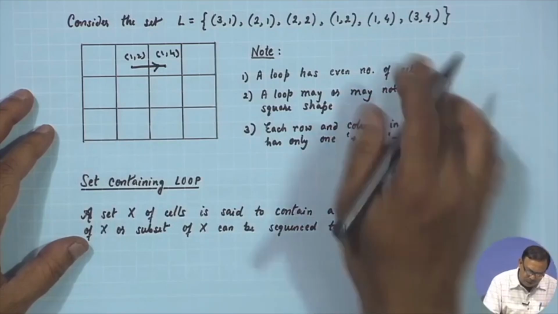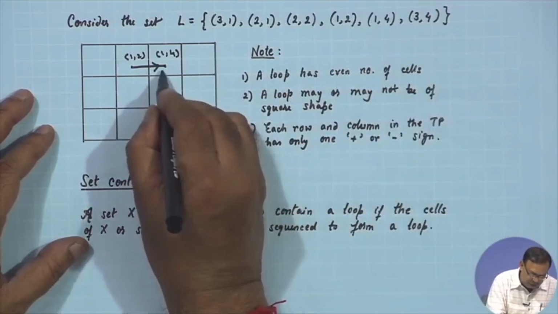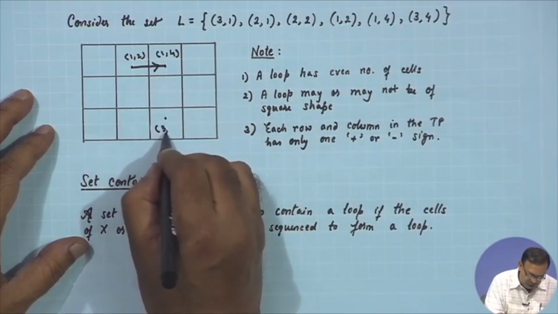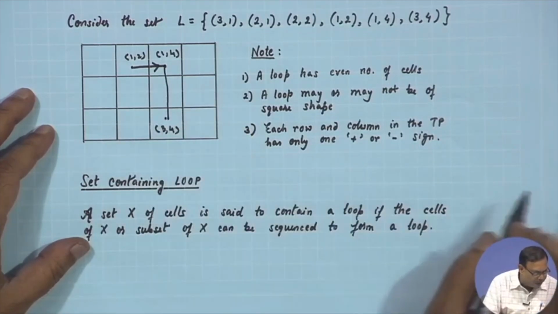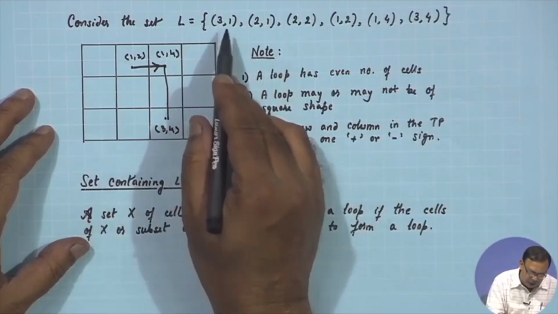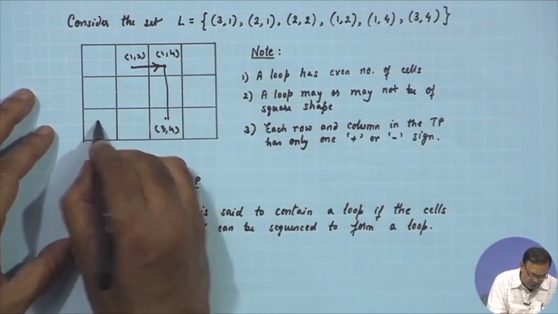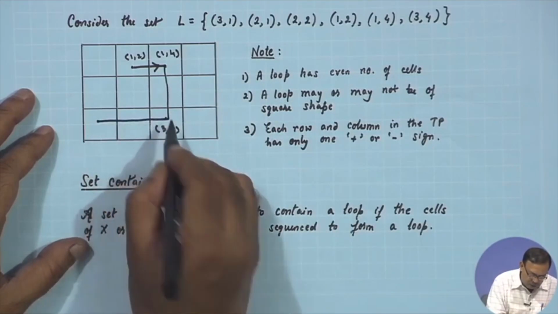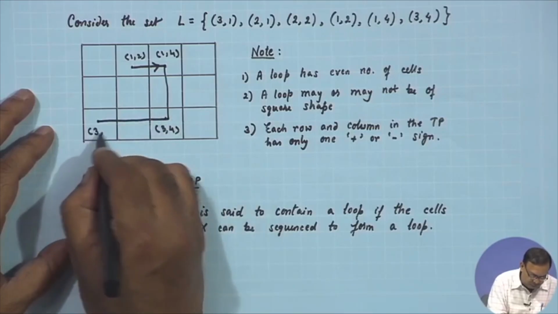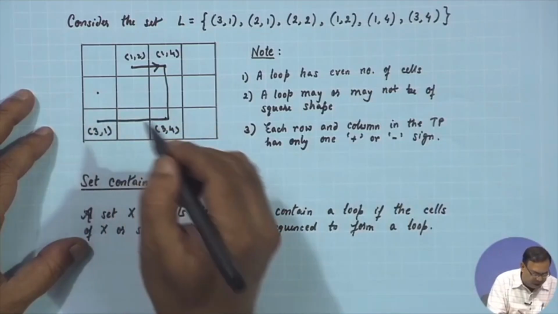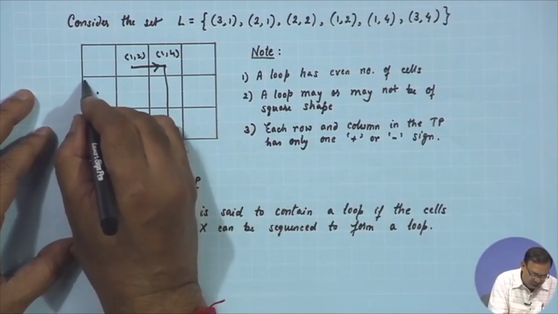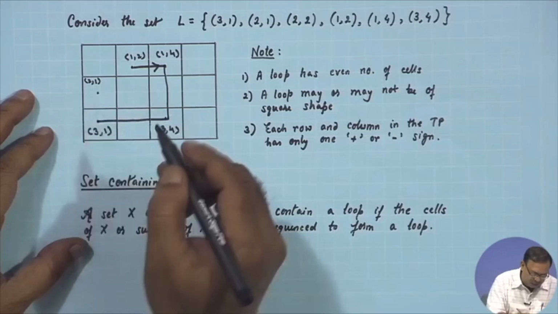From 14 you can come to this, which is 34. From 34 you have 31 also. So, I can go to 31. Then you may have this, which may be 21.